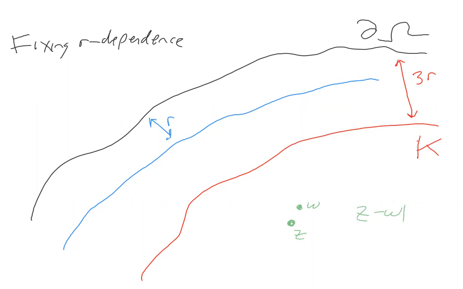So z and w are supposed to be close. And I want to choose delta so that whenever they're so close, we're going to have |f(z) minus f(w)| less than epsilon. So again, these points z and w can be anywhere inside of K.